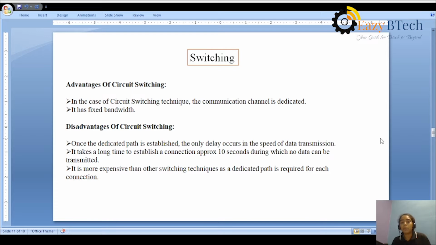This establishment is a little bit complex. Another disadvantage is that it is more expensive than other switching techniques. So this is about circuit switching.